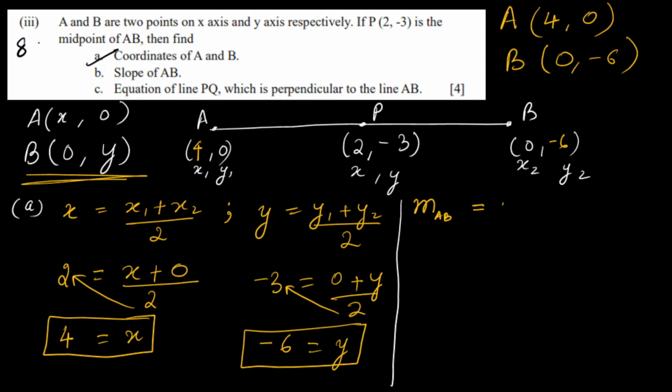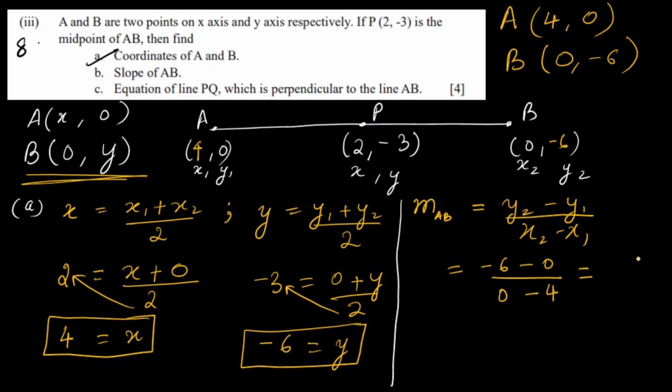The slope formula is y2 minus y1 by x2 minus x1. I hope you remember. Here y2 is minus 6 minus y1, y1 is 0. x2 is 0 minus x1, x1 is 4.